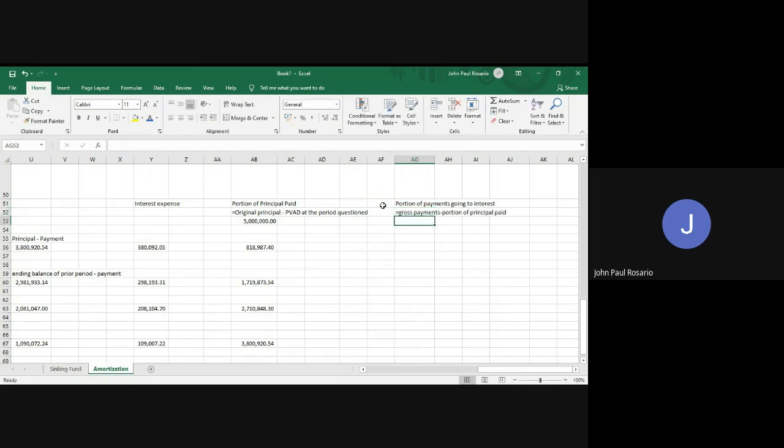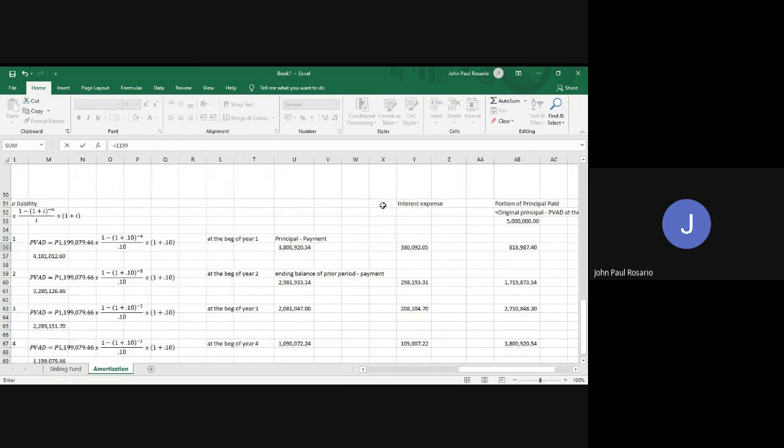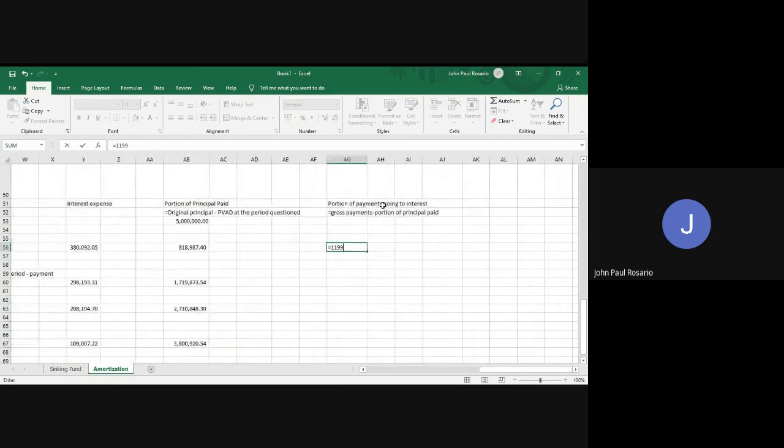Our gross payment for year one is 1,199,079.46. Let me put this here as a guide for the payments. So for year one, it's this less the portion of principal paid. This is the amount of interest paid for year one.